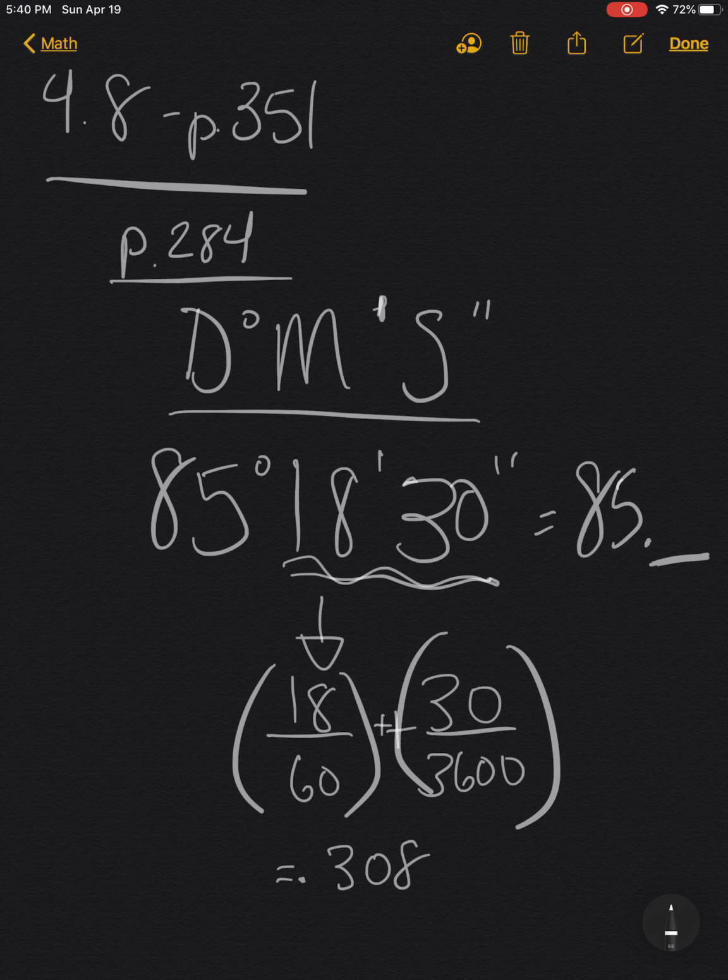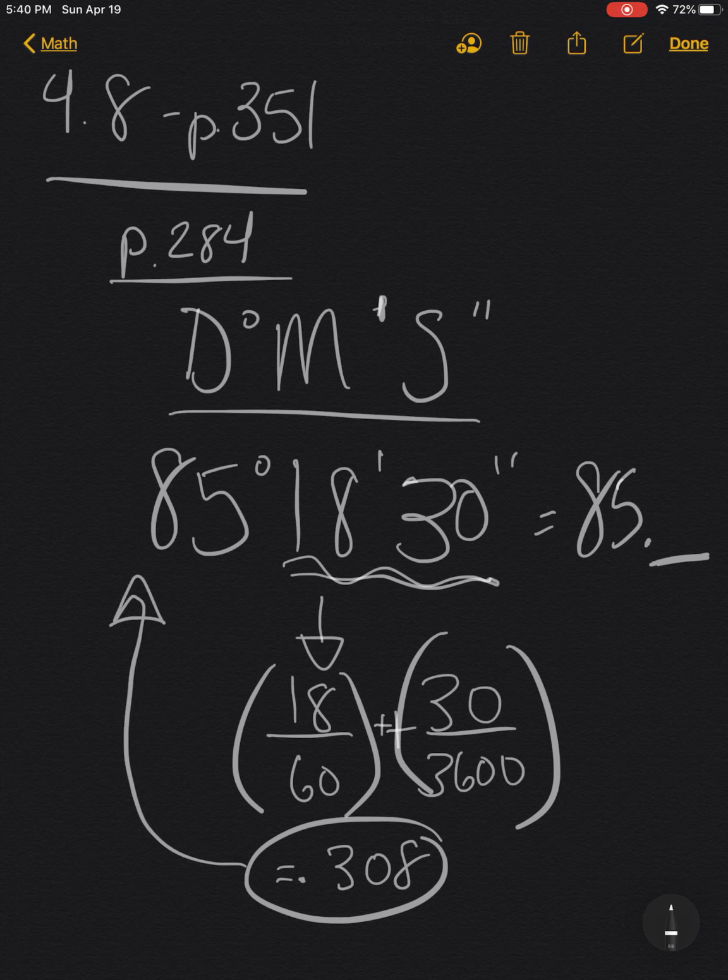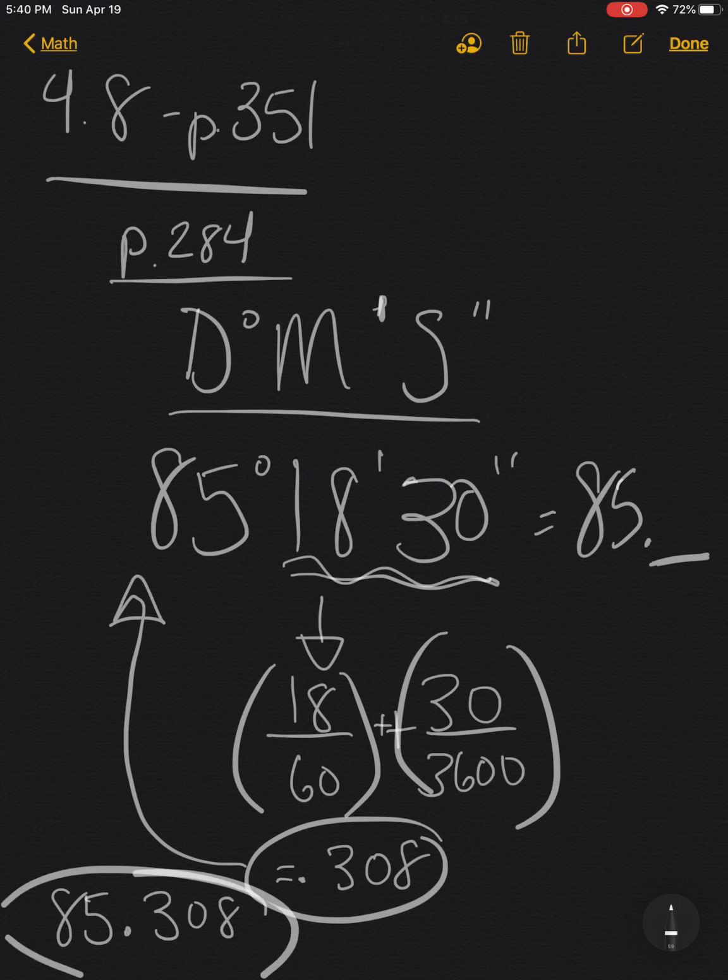Now whatever this is gets added to your 85, and so you would have 85.308. Again, I'm just going over this in case you see a problem that's written in this format, and so now you know what the method is to get it to be a decimal instead of having that notation.